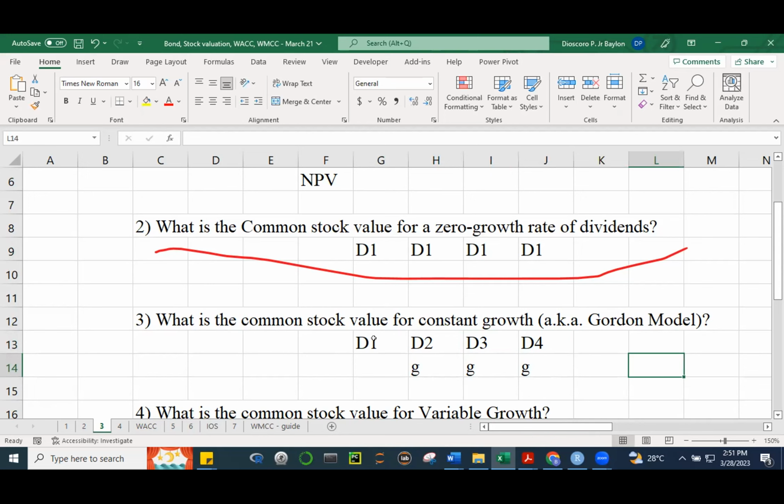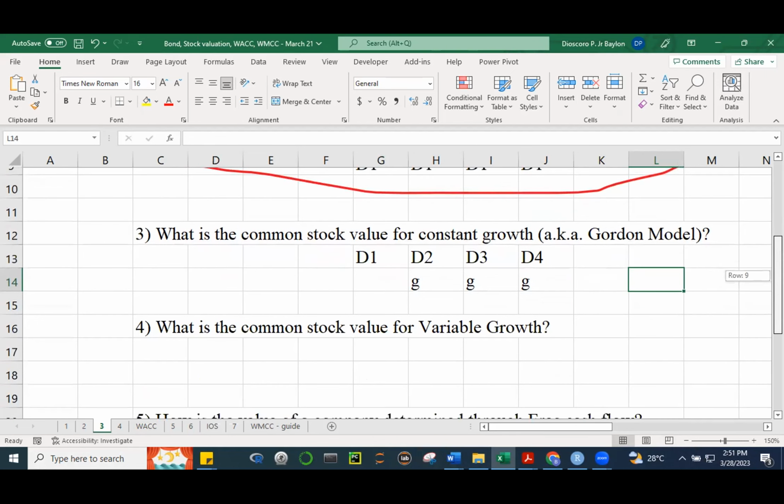Your dividends grow by this certain constant growth rate G over time. And we make use of what we call the Gordon model to determine the value of the stock.